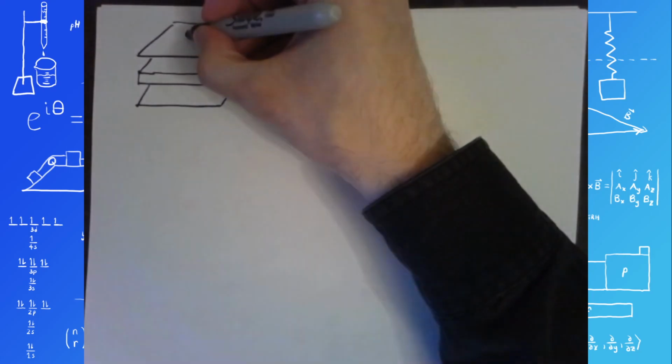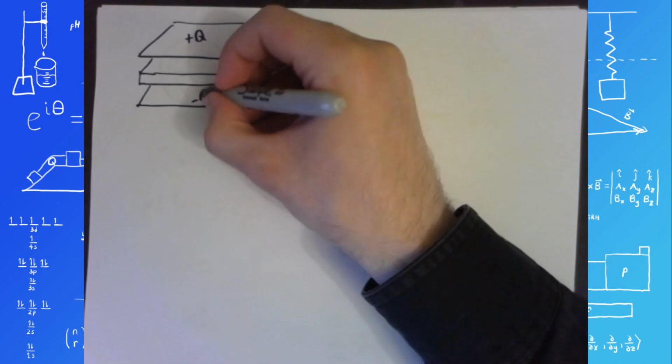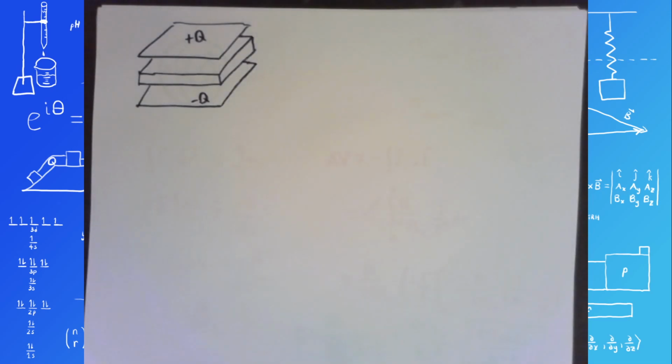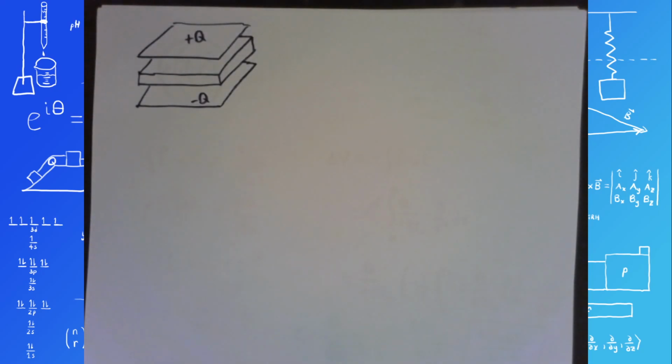Suppose I've got positive charge here on the top and negative charge here on the bottom, and I've got this metal slab that I just decided to stick in the gap in between the two capacitor plates.